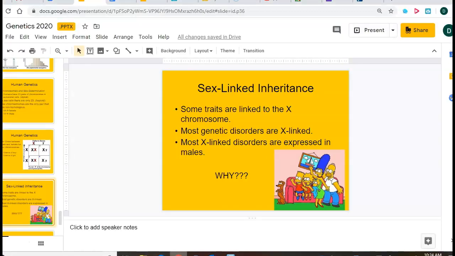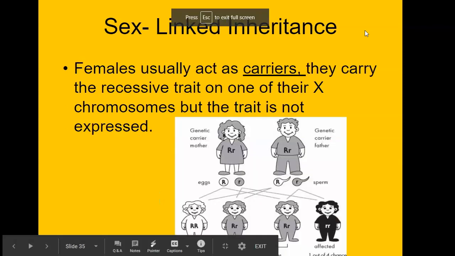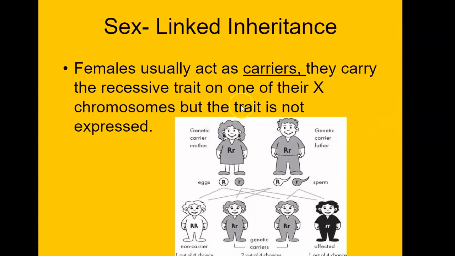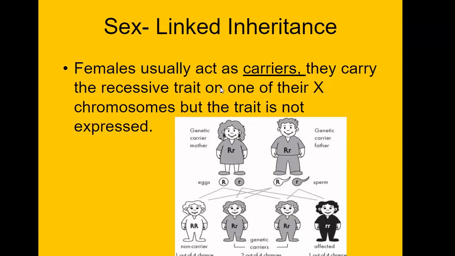That is why males are oftentimes going to be more commonly affected by these traits than females. So females usually act as carriers. They carry the recessive trait on one of their chromosomes, but they don't have that actual trait. So if you look here, that just shows that idea. So females act as carriers, meaning they don't actually have the trait, but they can pass it on.